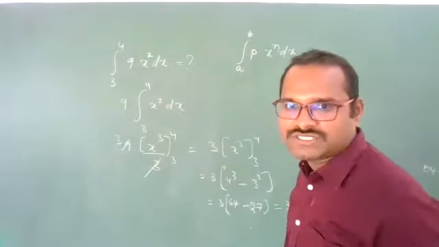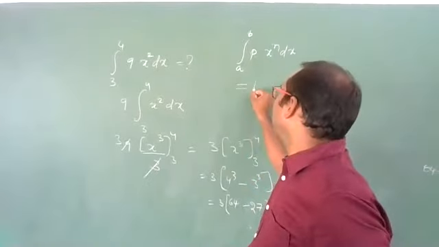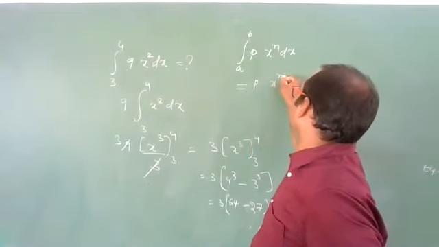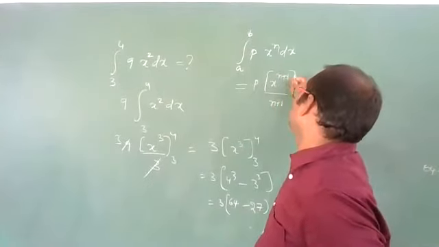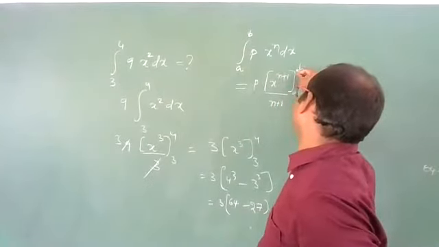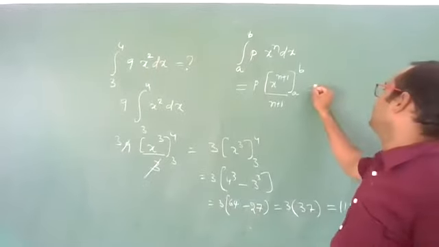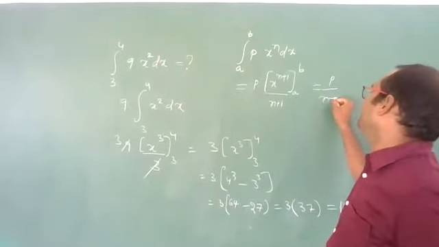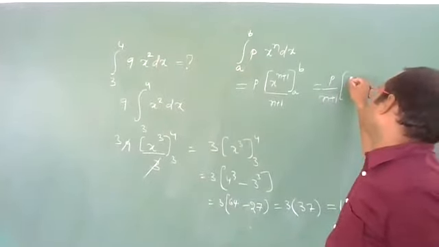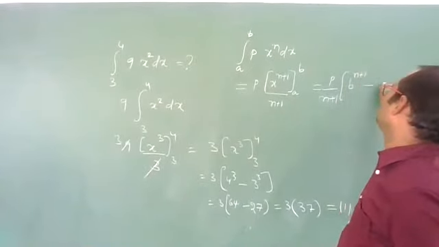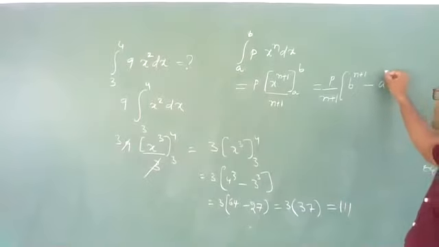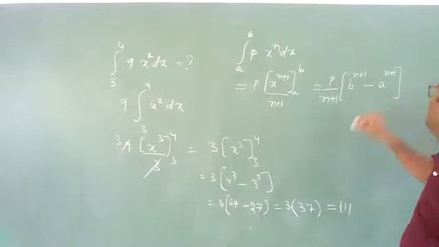Let us make it constant p. Then you will get p into x power n plus 1 divided by n plus 1, ranging from a to b. Means you will get p divided by n plus 1, and in the place of x, substitute b power n plus 1 minus, in the place of x, a power n plus 1. Yes, this is the formula.